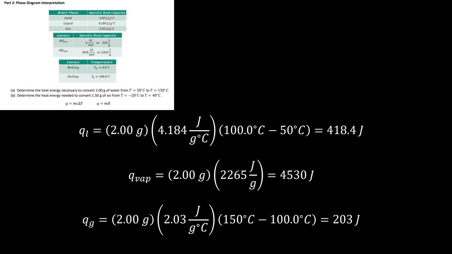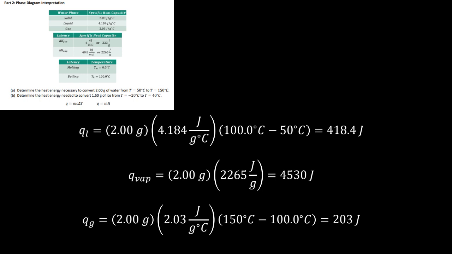You're given two values, one in kilojoules per mole, one in joules per gram. Since we're working in grams and joules, let's use the one that's joules per gram. So taking 2 grams times 2,265 joules per gram gives us a total amount of 4,530 joules of heat added to our system.